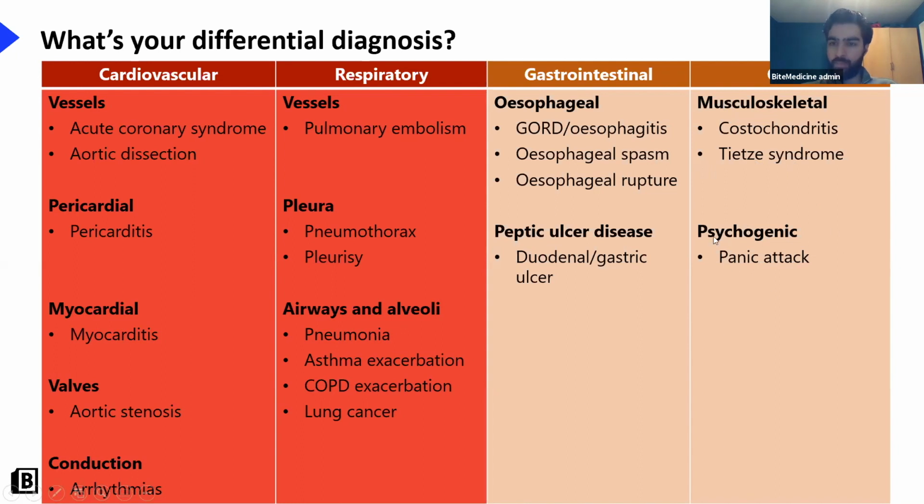And then you have things like panic attacks. So that's chest pain differentials in a nutshell. This isn't an extensive list. You could probably think of another 50 diagnoses which would cause chest pain. But these are the high yield ones that you need to focus in on.